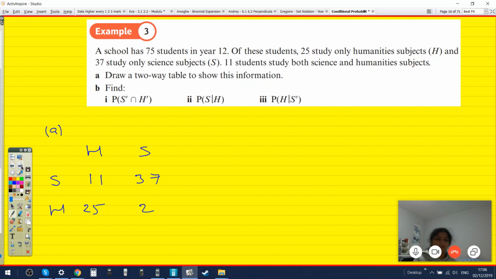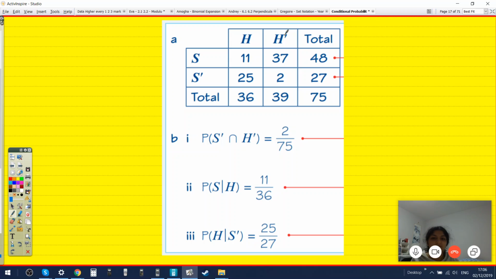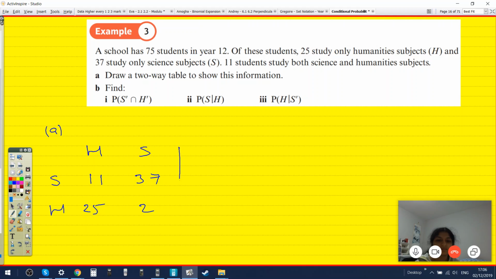Two. Okay. I just want to see how they wrote it. So they wrote it as H dash and S dash. Okay. Oh, and then they wanted even the totals. I think it'll help for the next part.